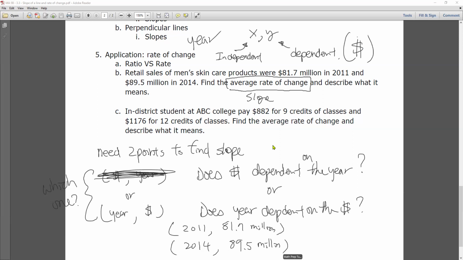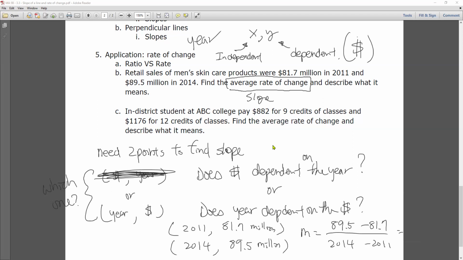So now from here, plugging the values into the slope formula, and we'll be good to go. So slope is 89.5 minus 81.7 over 2014 minus 2011. Calculate that, and we will get, I need to calculate this really quick, so give me just a moment. You guys are probably faster than me on this one.